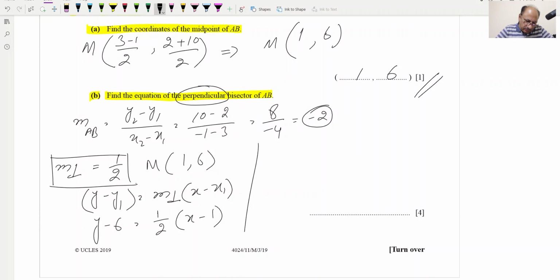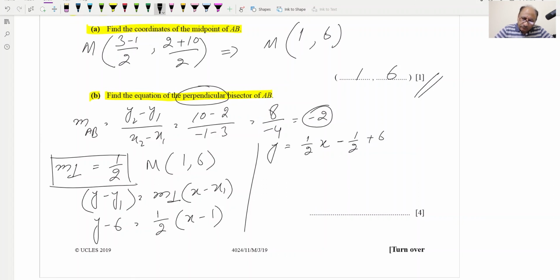Now we can multiply and rewrite the equation, and this will be y is equal to 1 by 2x minus 1 by 2 plus 6. And minus 1 by 2 plus 6 will be what?